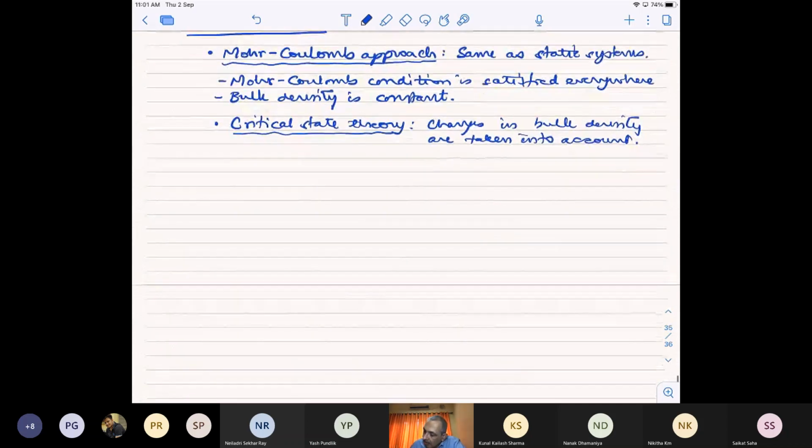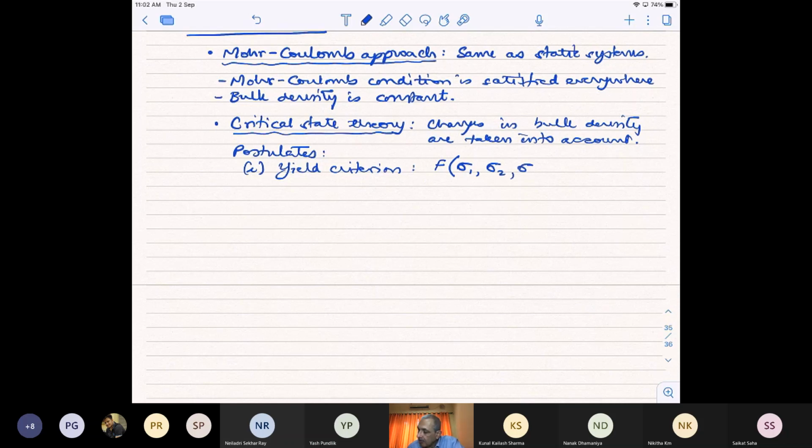And so if you look at the postulates or the assumptions of this theory, what it says is, one, that the yield criterion is of the form that some function of sigma 1, sigma 2, sigma 3 and rho b is equal to 0.